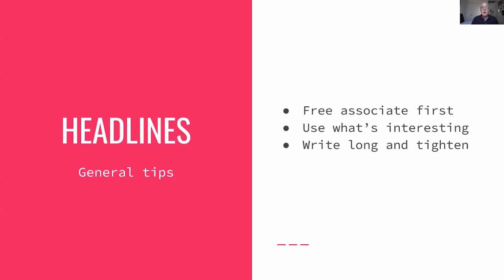Start by writing down the first thing that comes to mind. That can give a clue as to what you think the most important aspect of the subject is. Make a list of the most interesting things, people, or concepts that are mentioned in a piece. Conflicts and incongruities get people's attention.